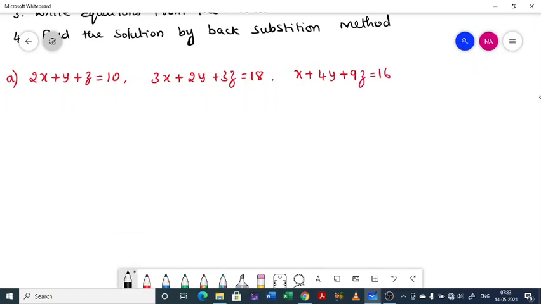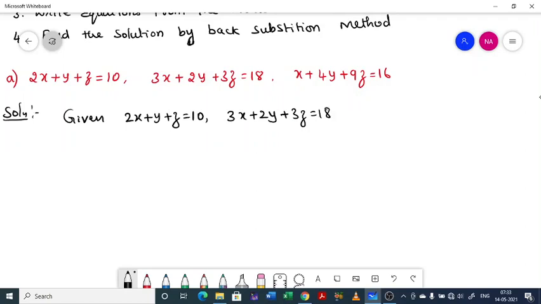Solution. So given 2x plus y plus z equal to 10, 3x plus 2y plus 3z equal to 18, x plus 4y plus 9z equal to 16. This is the given system of equations.